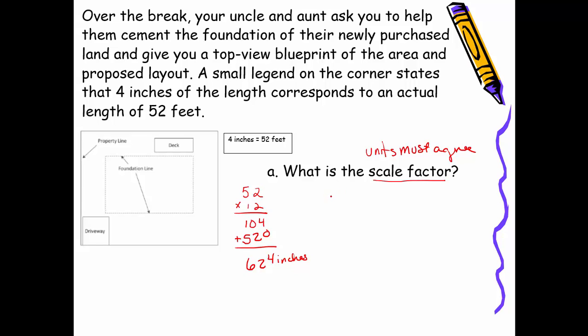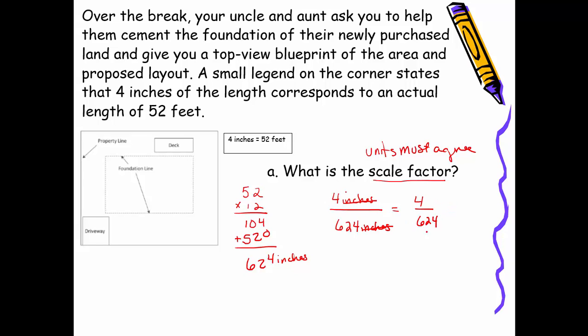So what that tells us is now we know 4 inches in our drawing represents 624 inches in the actual layout of the land. And the whole point to a scale factor is now that we have inches over inches, those agree, those inches are gone, and we're just left with this number, 4 over 624.